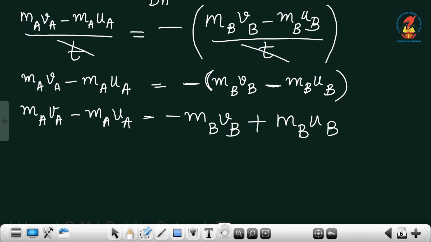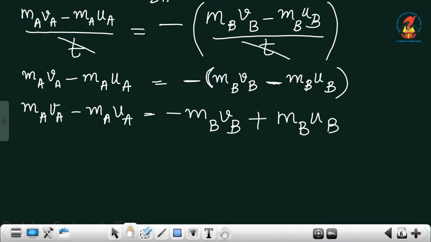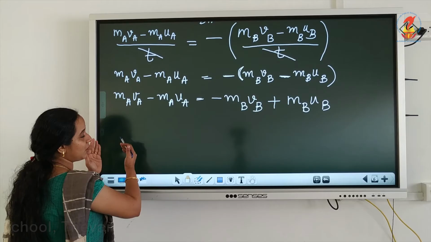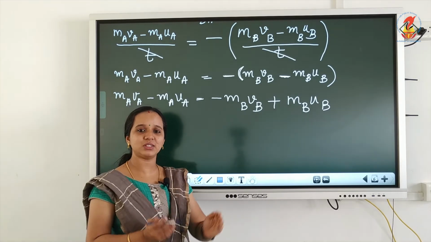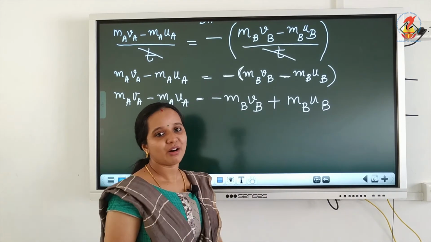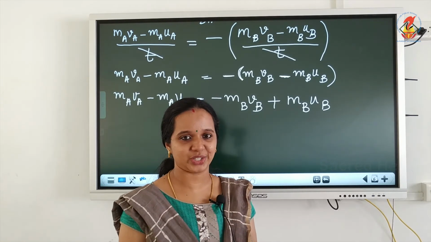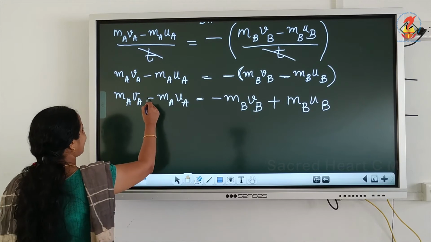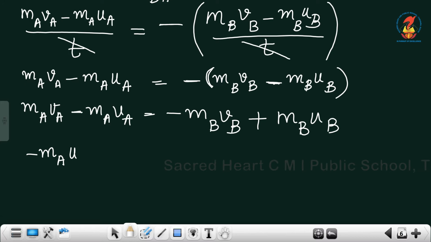Now, let us bring all U terms to one side and V terms to the other side. All the terms that include U to the left hand side and all the terms that include V to the right hand side. We are just going to rearrange the equation. Here I already have a term with U, that is minus MAUA. Now, from this side bring MBUB to the other side.